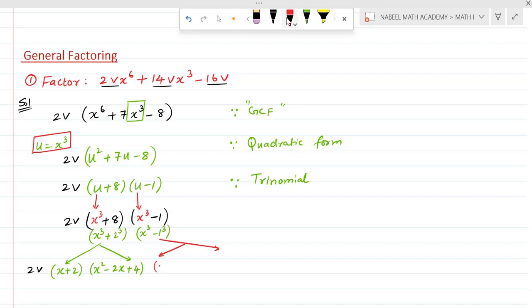You have x minus 1, and x square plus x plus 1. So this is the special factoring we are done with here. The formulas for a cube plus b cube and a cube minus b cube we are applying in this one. So now it's going to be completing the factors. So in this problem we are using almost all the different techniques in one problem. Thank you.